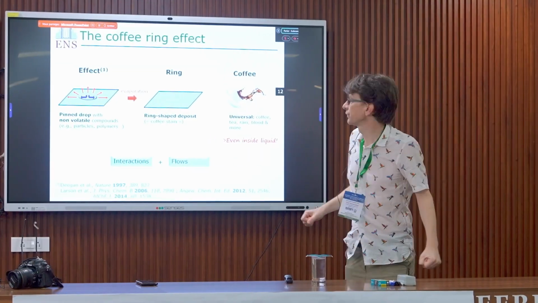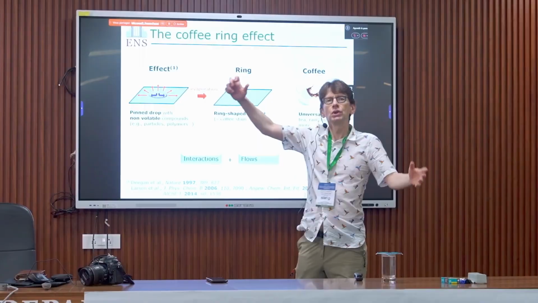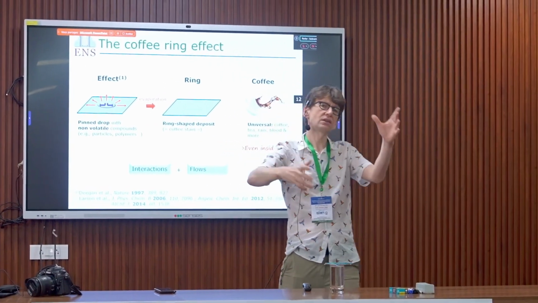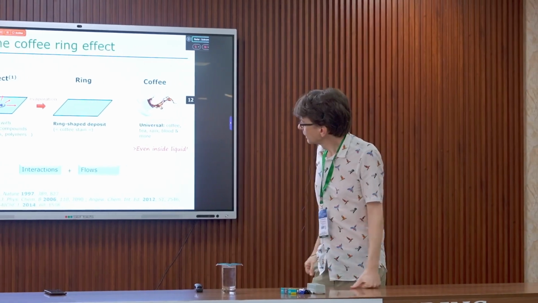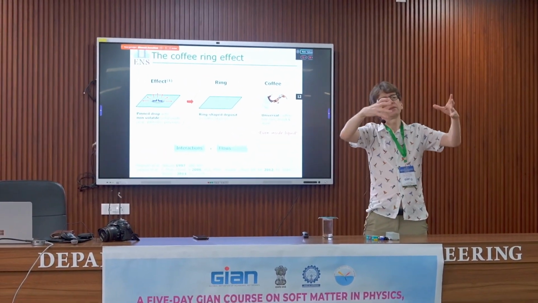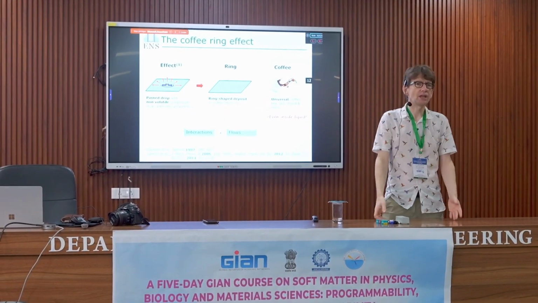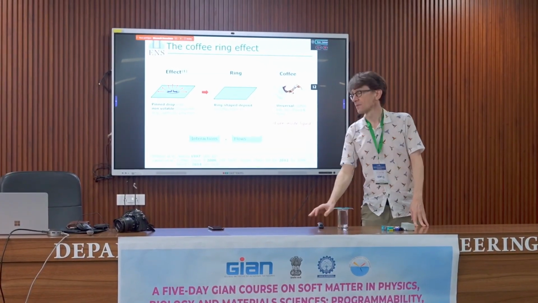One is interactions. Changing interactions in your droplet can affect the coffee-ring effect. For example, if you have particles that attract each other, they will aggregate and sediment, and then your coffee-ring effect will kind of disappear.